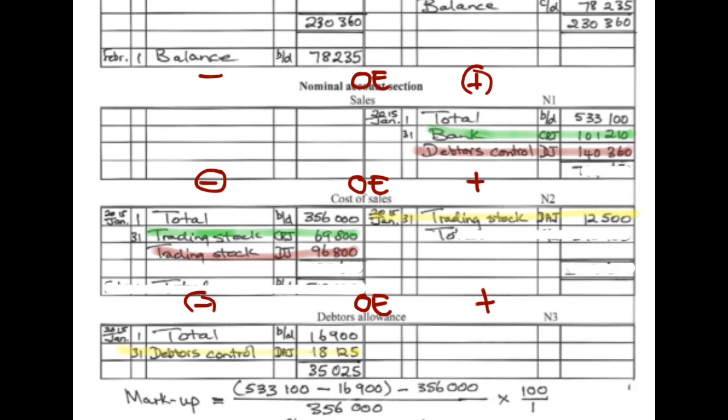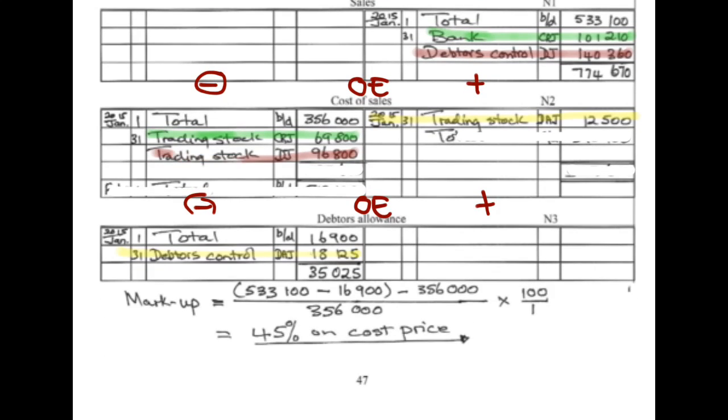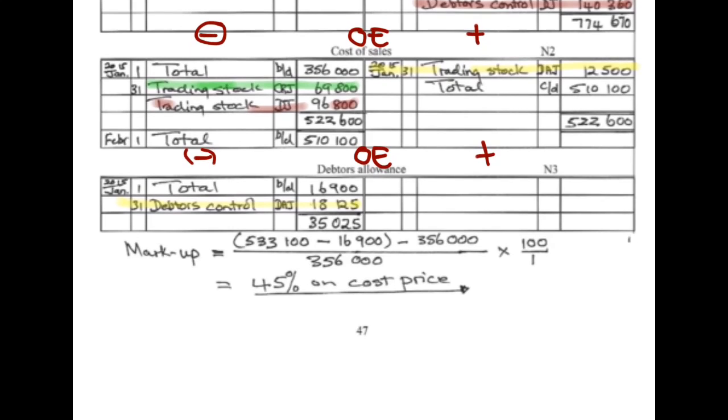Sales, I can simply add up, 774,670. Cost of sales, I can balance out as well, or total, and it gives me 510,100, and debtors allowances 35,025. Done. I hope that you are feeling confident with all the credit transactions involving debtors.